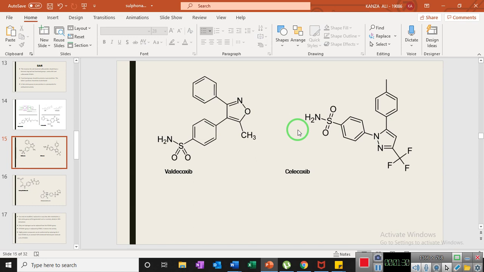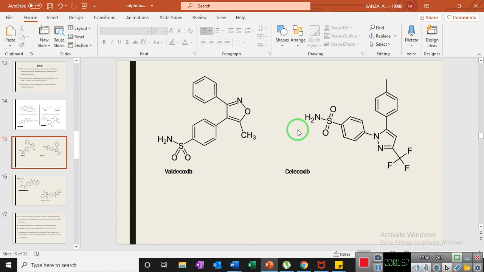These two compounds are the examples of analgesic compounds, that is valdecoxib, celecoxib. They can be termed as selective COX-2 inhibitors. They have got the analgesic effect.